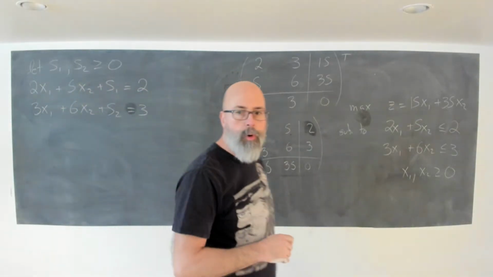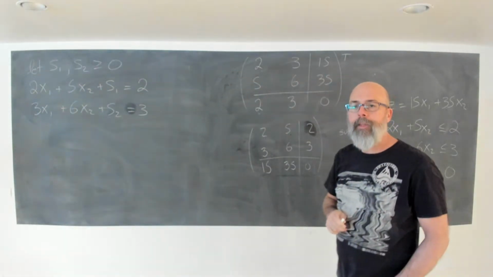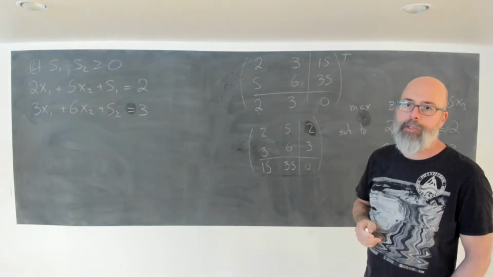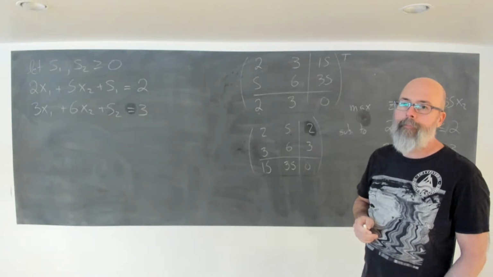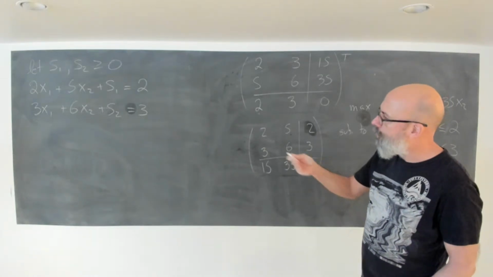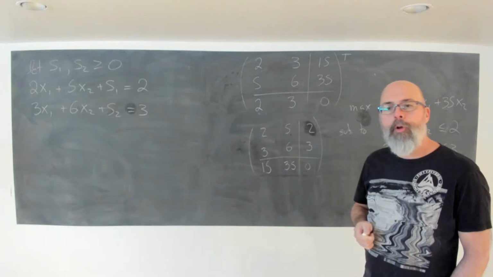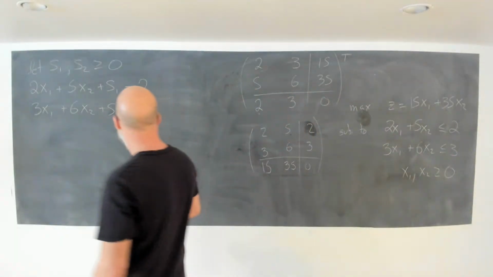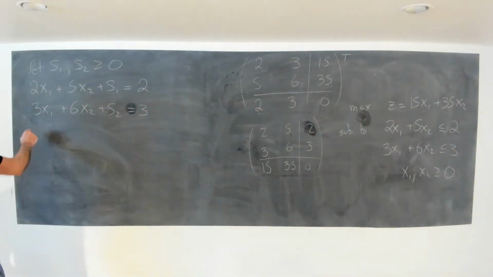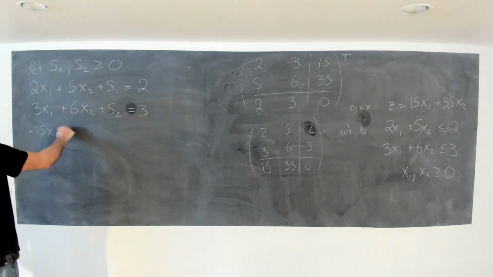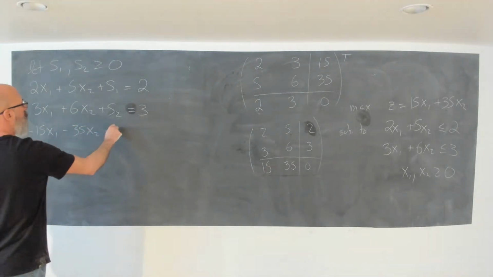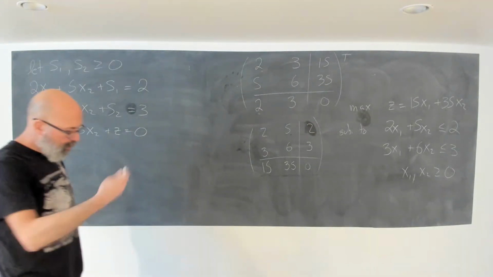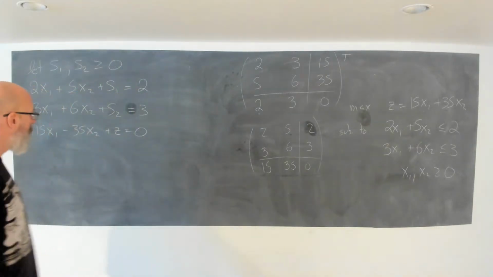So this is the dual problem, absolutely. Exactly, and as Asma suggests, the idea is to transpose the matrix to get a maximum problem. We use this idea of duality to convert a minimum problem into a maximum one. And we have minus 15x1 minus 35x2 plus z is equal to 0. So let's put all of this into a simplex tableau.